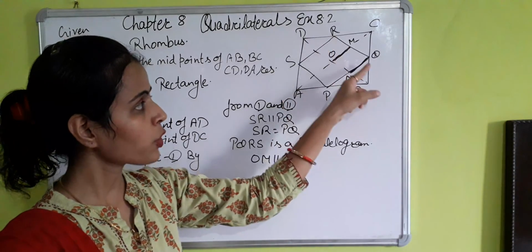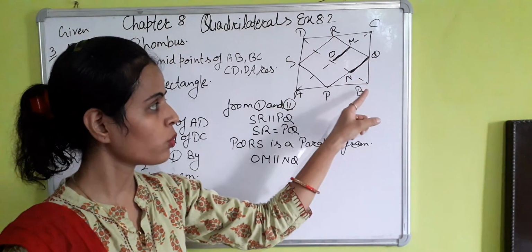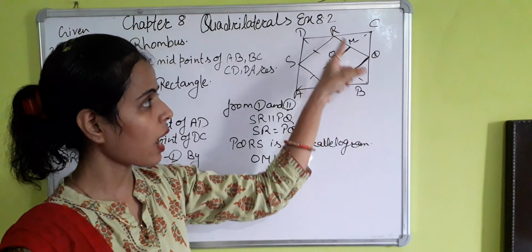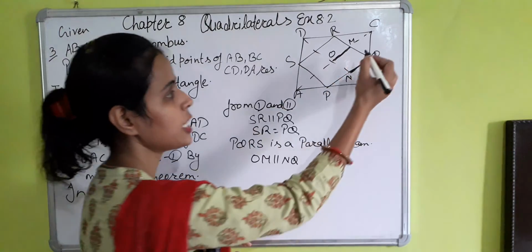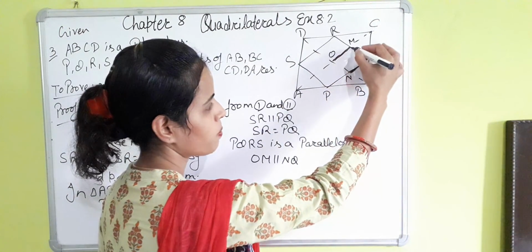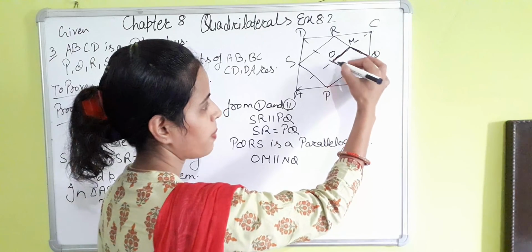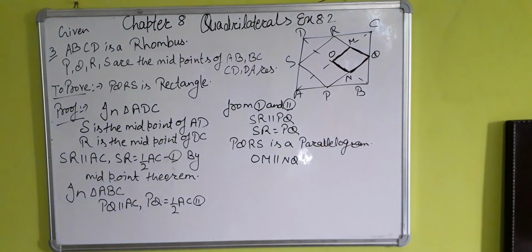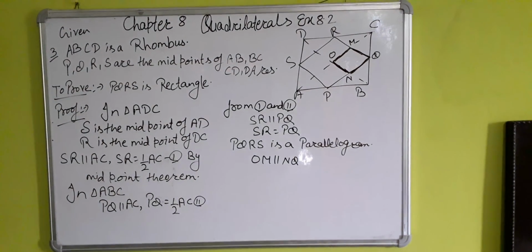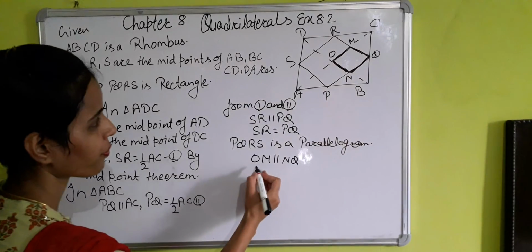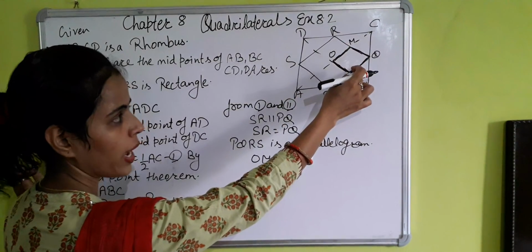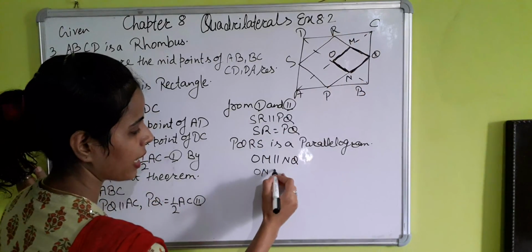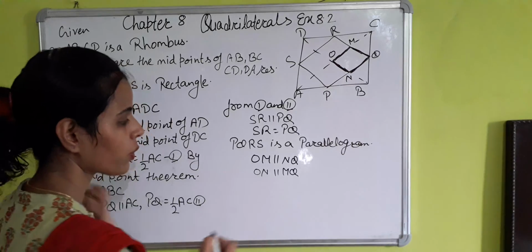Similarly, this line RQ is parallel to BD by the midpoint theorem in triangle BDC. Then this part of RQ, part MQ, is parallel to this part ON. OM is parallel to NQ, and ON is parallel to MQ.